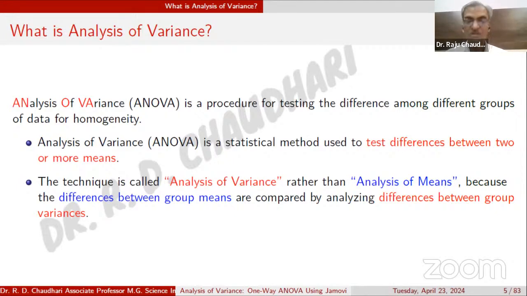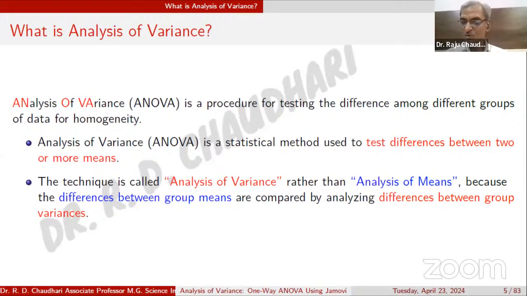Now, the most important question: actually we are testing the means of more than two groups, but the technique is known as analysis of variance.